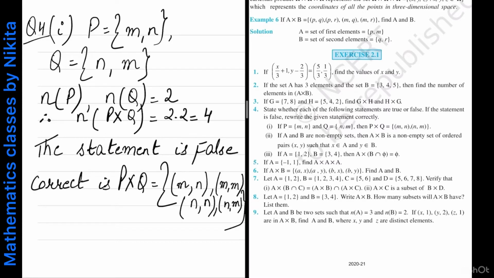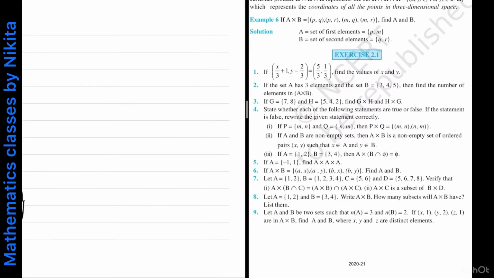Okay, now let's see the second part. Now what does the second part say? If A and B are non-empty sets, then A cross B is a non-empty set of ordered pairs (x, y) such that x is coming from A and y is coming from B. So this is absolutely correct. So if A and B are non-empty, then A cross B is also non-empty.